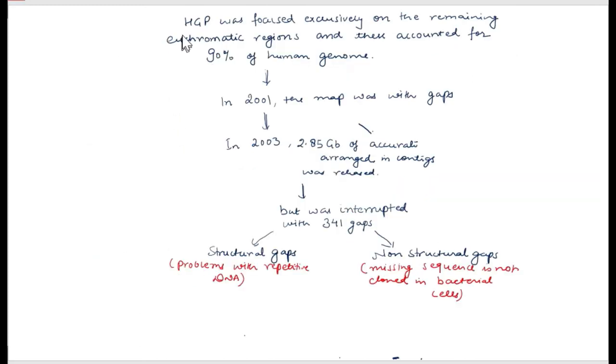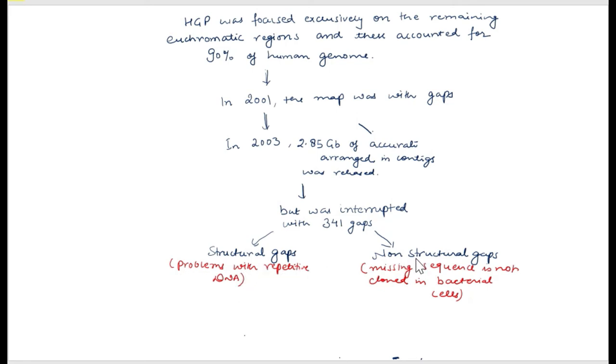The Human Genome Project was focused exclusively on the remaining euchromatic region, which accounted for 90% of the human genome, because the heterochromatin region was rich with repetitive sequence. In 2001, the map was with gaps. In 2003, 2.85 GB of accurately arranged contigs was released, but the map was interrupted with 341 gaps. Some of the gaps published in 2001 were structural gaps, where the problem was repetitive DNA.